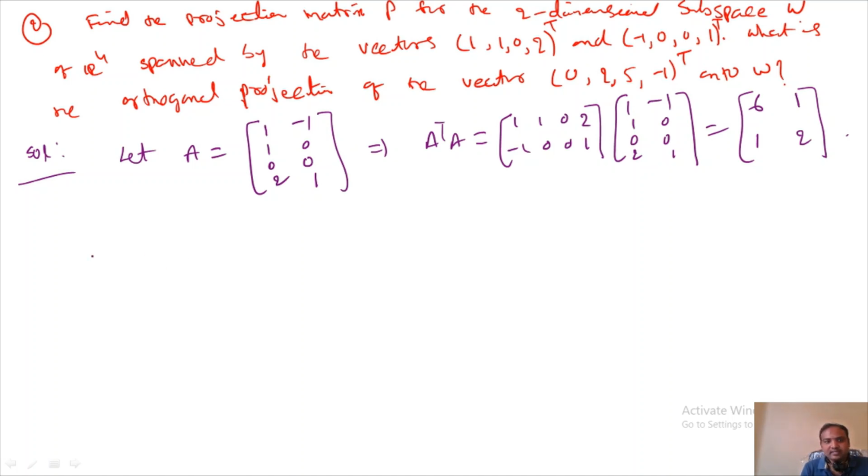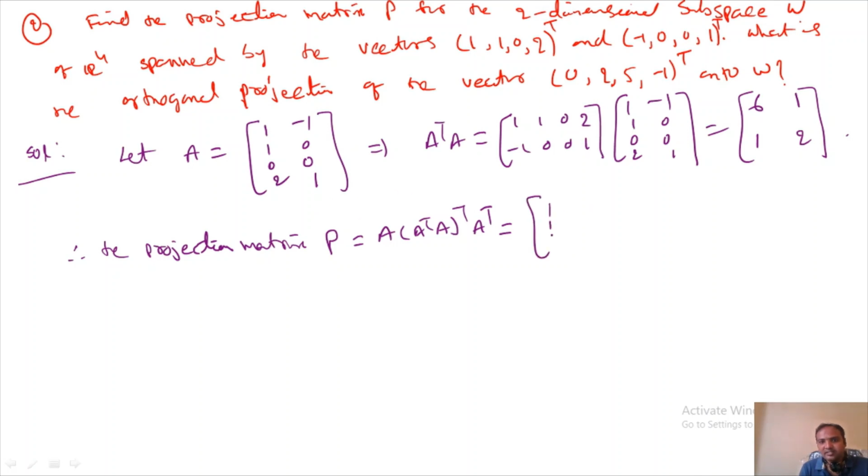Therefore, the projection matrix P equal to A into A transpose A inverse into A transpose. Now this A is the matrix [1 1 0 2; -1 0 0 1]. A transpose A inverse, you can find, is 1 by 11 into [2 -1; -1 6].